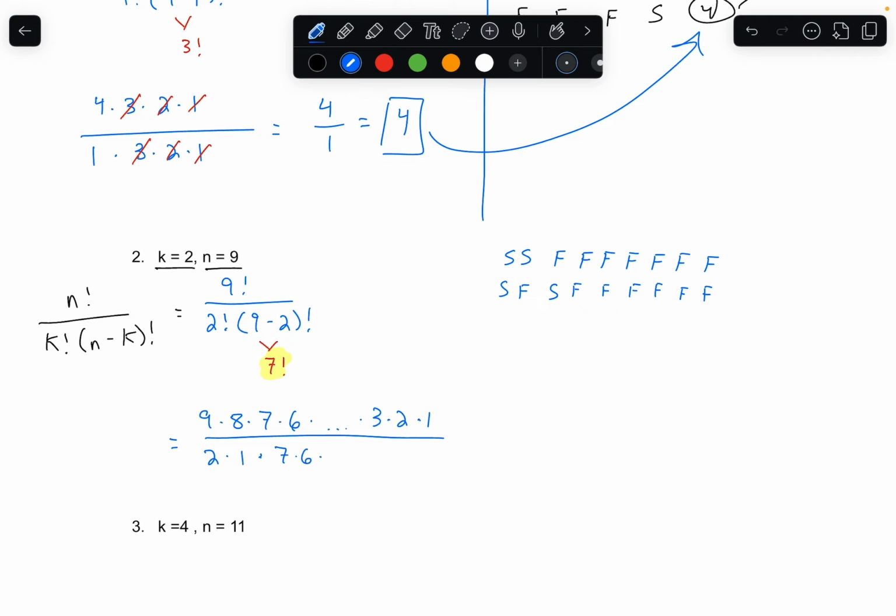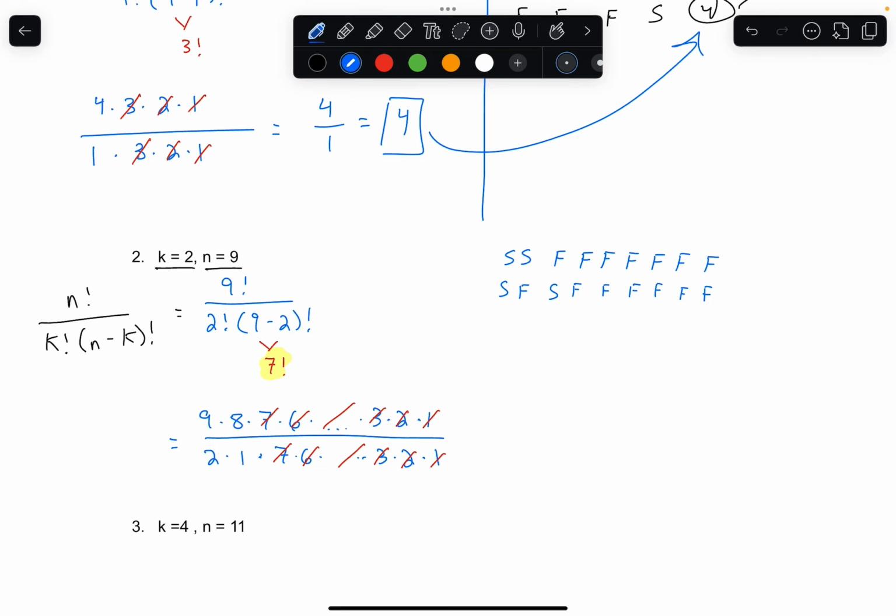But if I want to follow the same pattern that I did up here in my numerator, I'm going to write 7 times 6 times 3 times 2 times 1. I'm skipping a set of numbers here. But what I look at and I see, hey, 7 in my numerator, 7 in my denominator. Those two should cancel. 6 in my numerator, 6 in my denominator. Those two cancel. That 5, 4, 3, 2, 1, all of these numbers are going to end up canceling.